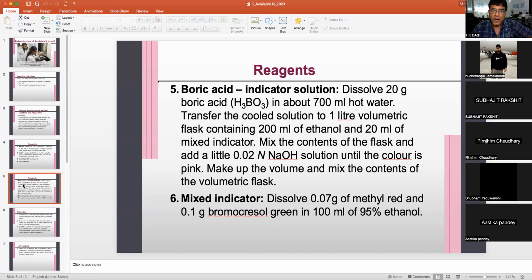Make up the volume and mix the content of the volumetric flask. So this is how you can prepare boric acid mixed indicator solution. How to prepare mixed indicator? Same way, dissolve 0.07 gram of methyl red and 0.01 gram of bromocresol green, these two indicators, in 100 ml of 95% ethanol. This is not prepared in water. This indicator is prepared in ethanol.